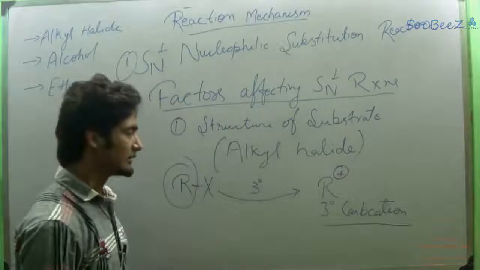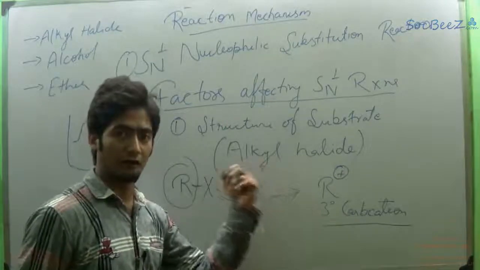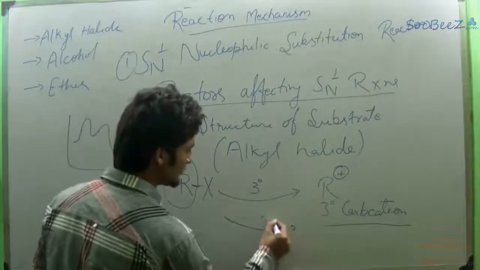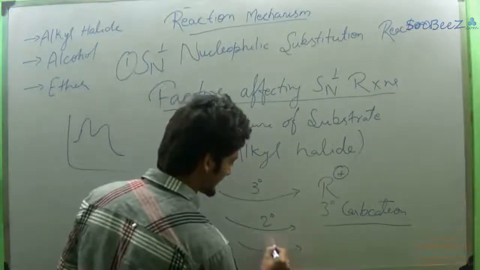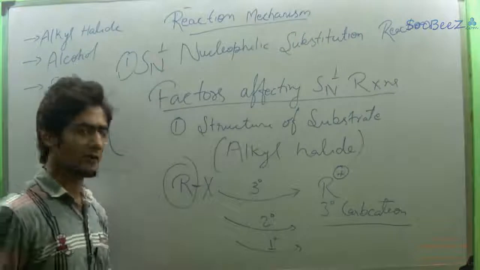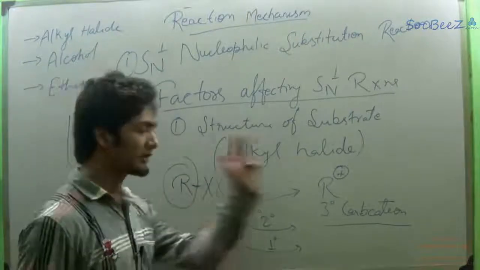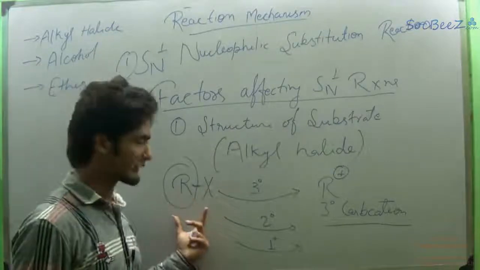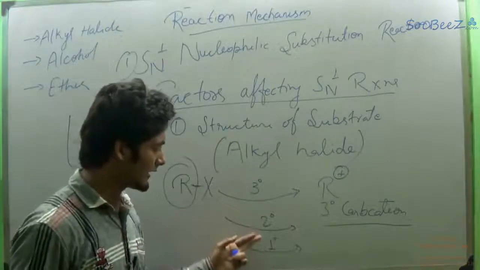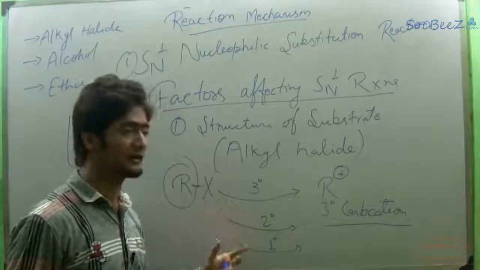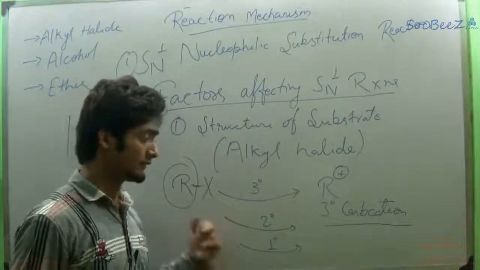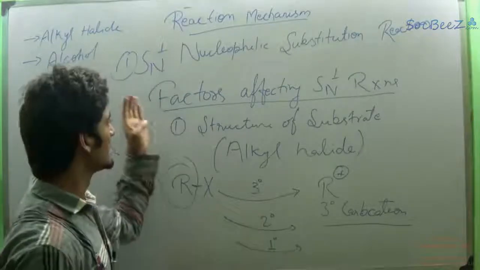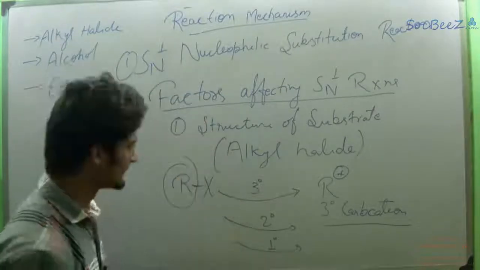And as we know, 3-degree carbocations are very much more stable than the corresponding 2-degree or 1-degree carbocations. Hence, in the SN1 reaction, the 3-degree alkyl halide will be very much more reactive than 2-degree, and the 1-degree is very less reactive, or we can say almost unreactive by SN1 reaction.